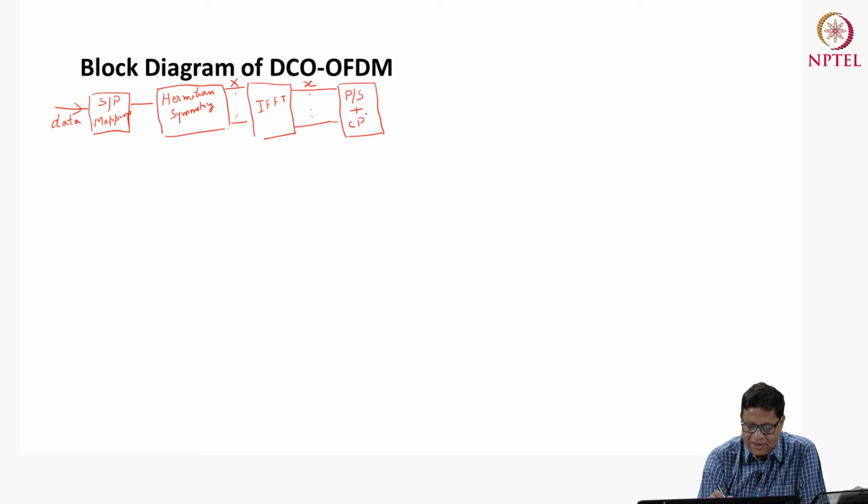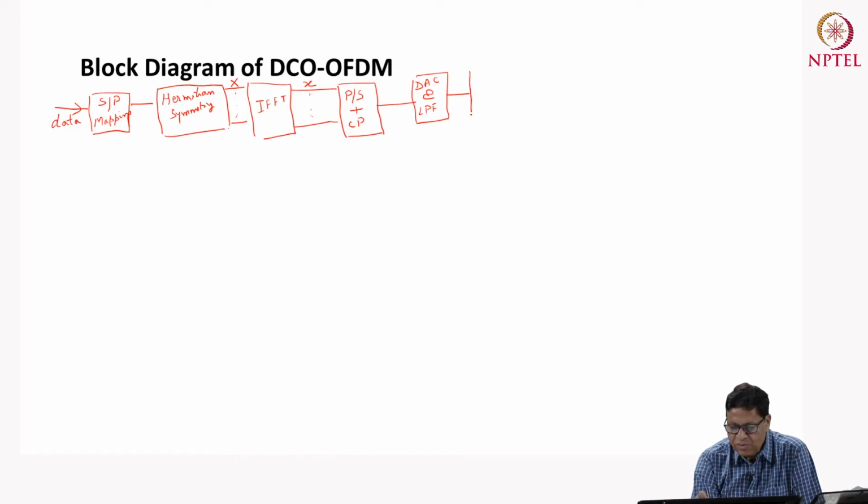Once you have appended the cyclic prefix, this serial data stream is given to a digital to analog converter and some sort of LPF, low pass filtering. And after that, to make it positive or unipolar, you have to add DC, add DC bias.